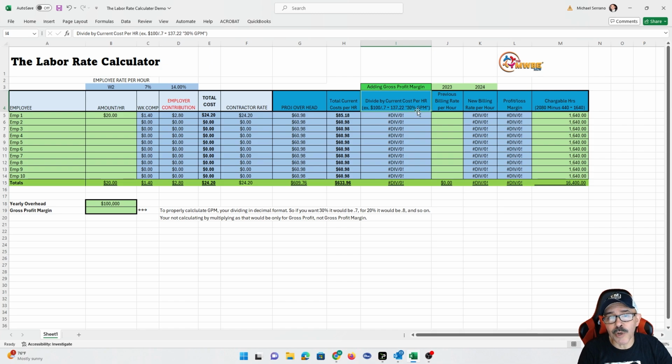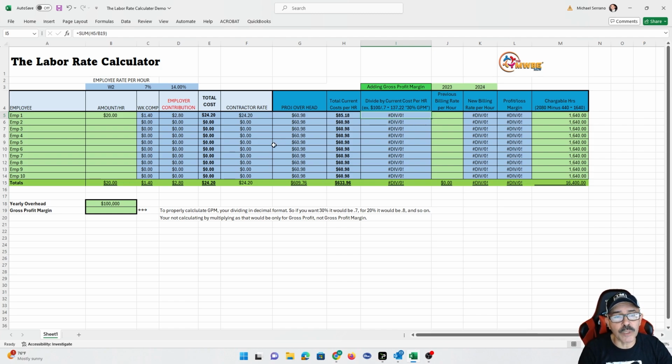And if it's going to be 30%, you would be dividing it by 0.7, right? So that number is going to appear here. If you were to multiply $100 by 1.3, you would get $130 even. But it's not giving you any margin, not giving you any flexibility for something that may change, right? You have to make sure that you're making money.